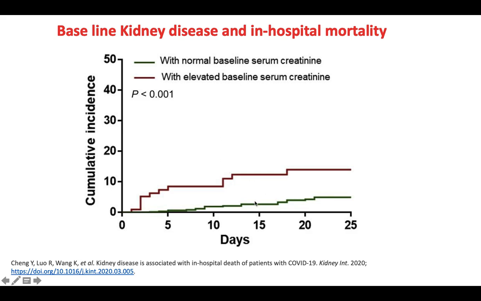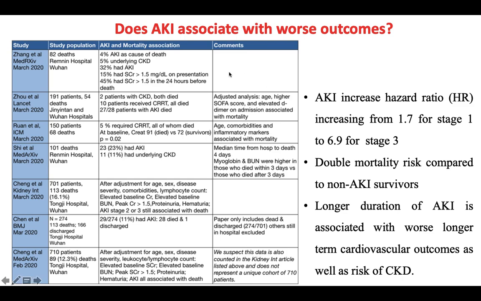Those who already have a baseline elevated creatinine had a significantly higher accumulated mortality compared to patients without any baseline renal dysfunction. If the patient had AKI after the COVID-19 infection, and did not have baseline renal dysfunction, is this going to have an impact on mortality?